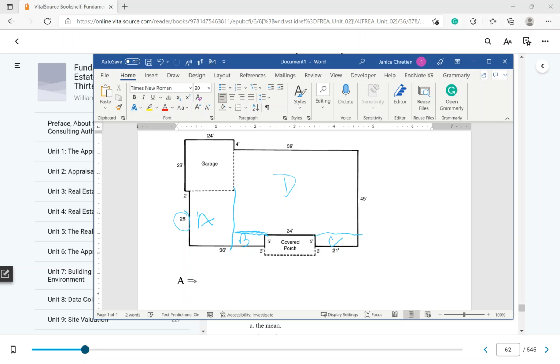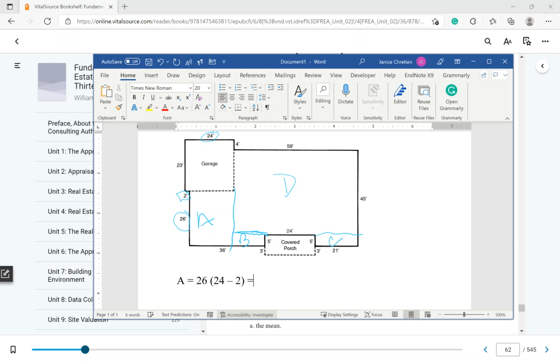Okay, so A equals, we've got 26 feet. And we know that's 24 across. And then there's this little 2 feet here, right? So really got to say 24 across minus that 2 feet that are hanging off there. So we've got 26 feet times, I could just do this, 24 minus 2 feet.